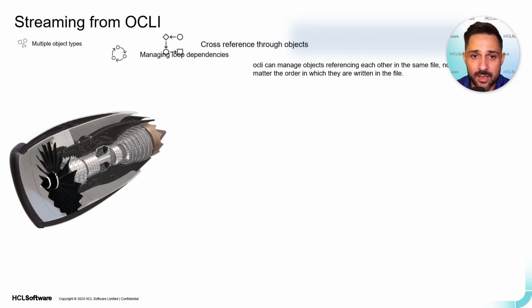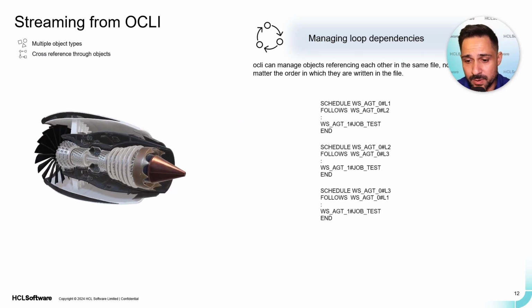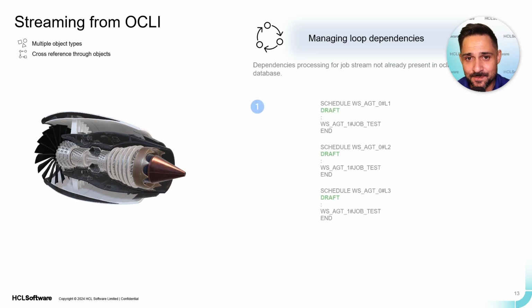Okay. And managing loop dependencies. This is similar to what I was talking about. I may want to add a job string that has a dependency on another job string, which was not yet added to the plan, right?